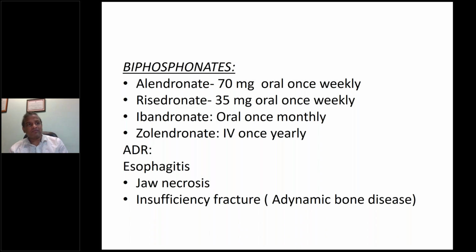Along the stress lines of the bone, formation and resorption go on to form the trabeculae. If they are not replaced in a regular way, then that area gradually becomes dense on the X-ray, but actually it is weak because the trabeculae are not formed properly, leading to insufficiency fractures or atypical femoral fractures.